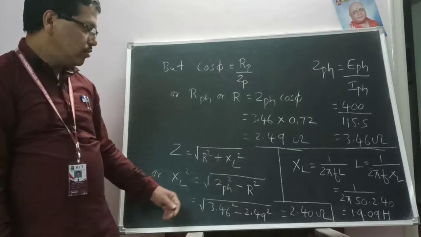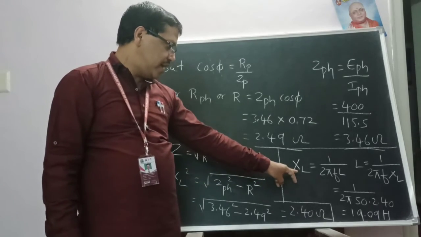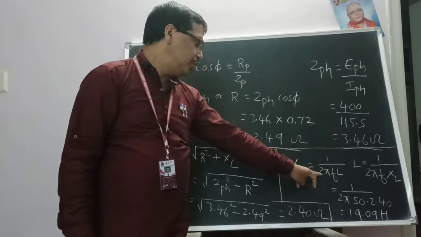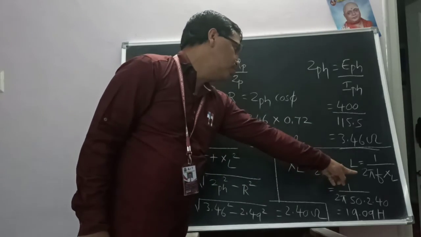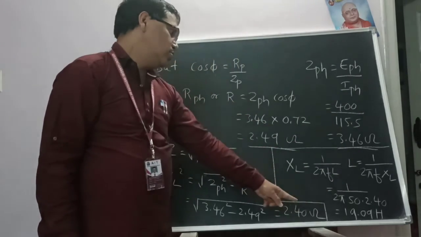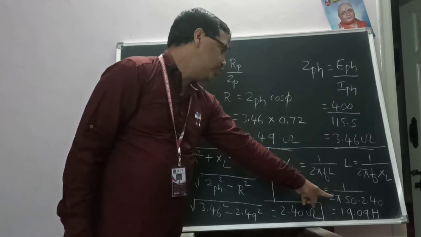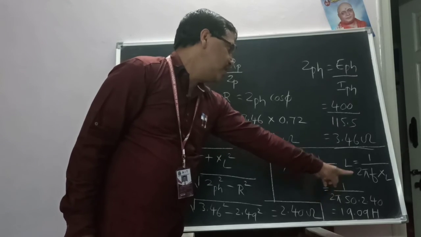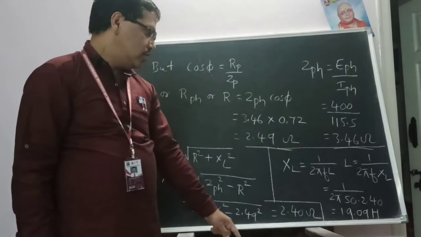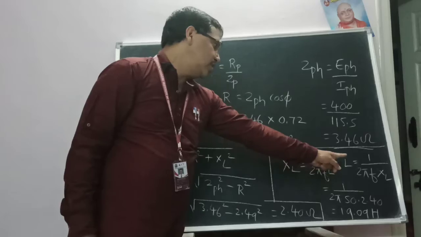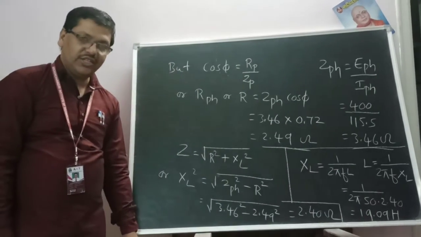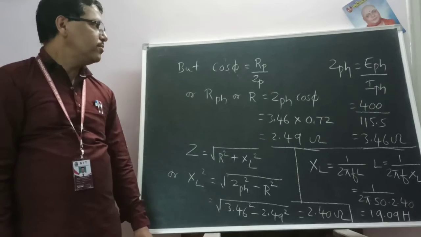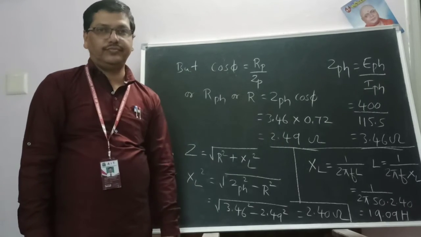The inductive reactance XL is equal to 2 pi F L, or L is equal to XL divided by 2 pi F. Substituting the known values, 2.4 divided by 2 pi into 50, the final answer for L is 19.09 H. So this is the answer for the first part.